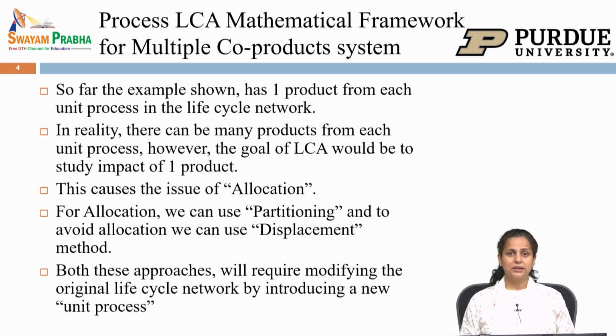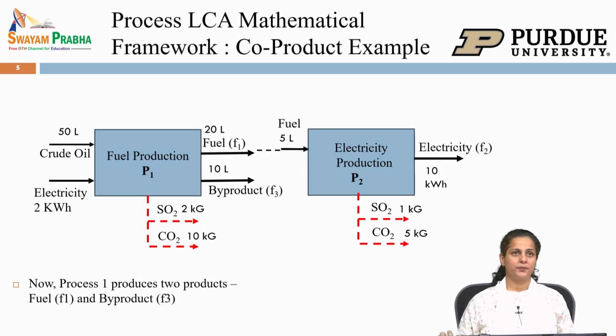Of course, we will see that applying both of these approaches will require us to modify the original life cycle network by introducing a new unit process. So, let us go over this process network algebra. I would like to highlight that the details of a lot of these methods are also in the textbook Sustainable Engineering that has been mentioned as part of the prerequisite textbook for this module.